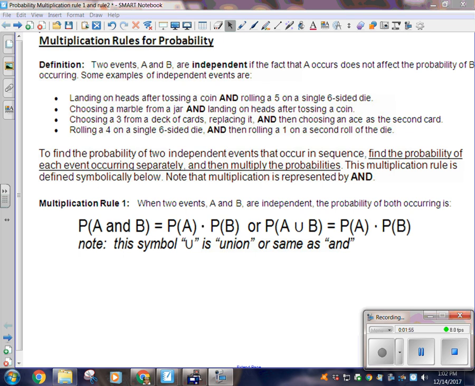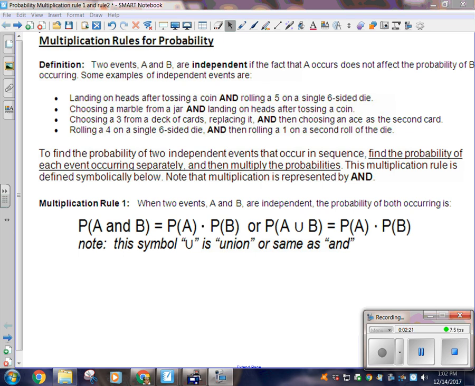Now, when you reach in, has that changed the odds of what you could potentially draw the second time? Yes, because now there are fewer marbles to choose from. So what happened in the first instance does affect the second instance. Does that make sense?